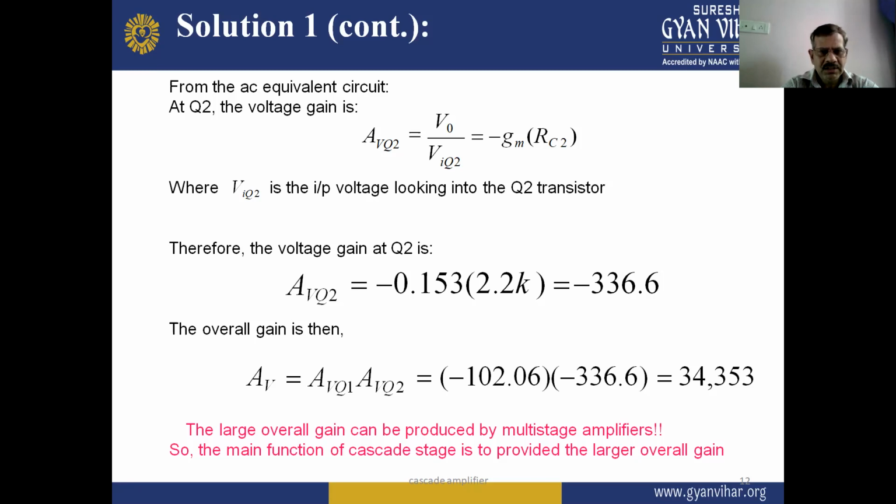So a large overall gain can be produced by multi-stage amplifiers. The main function of the cascade stage is to provide the larger overall gain. So this is the advantage of the cascade stage amplifier, because it provides the larger overall gain of the amplifiers.